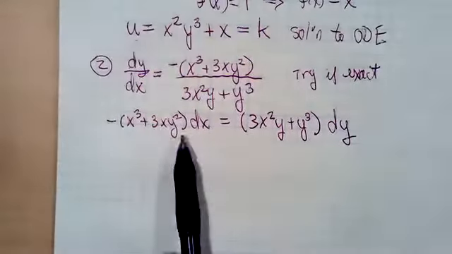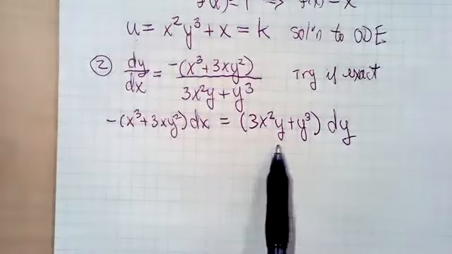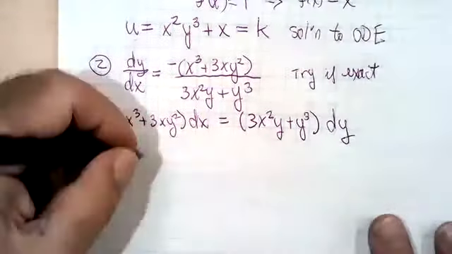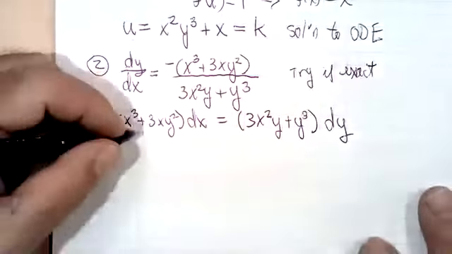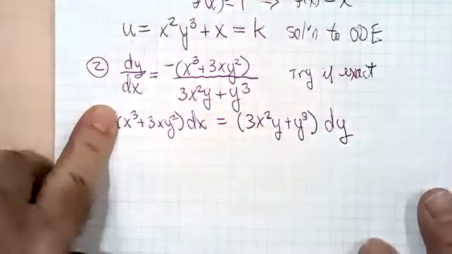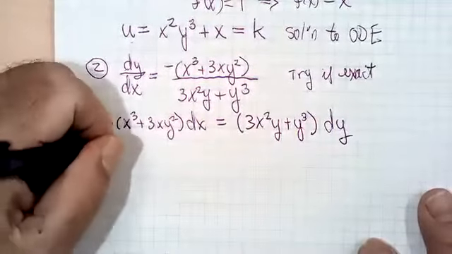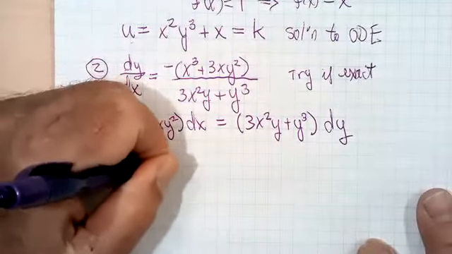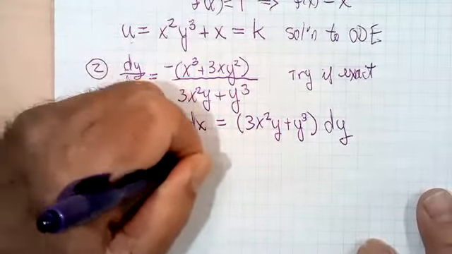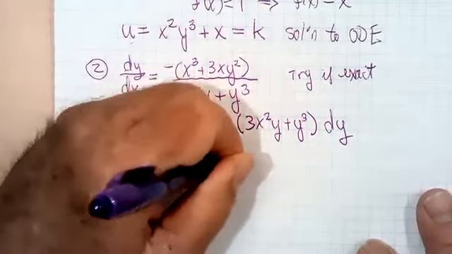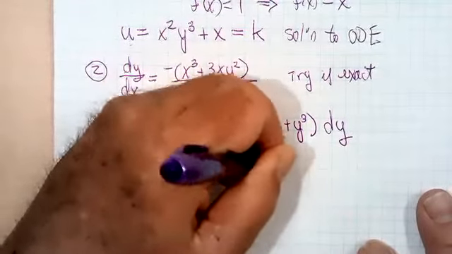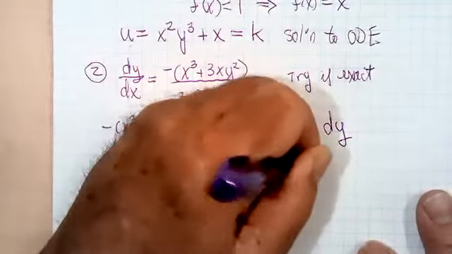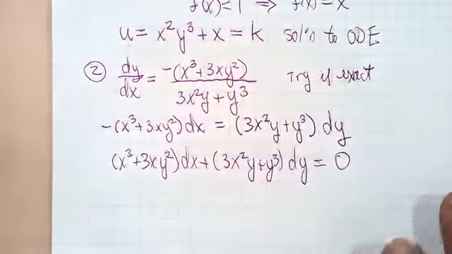And then if I add this left side to the right side, then I'll have 0 is equal to that plus that. So x cubed plus 3xy squared dx plus 3x squared y plus y cubed dy is equal to 0.